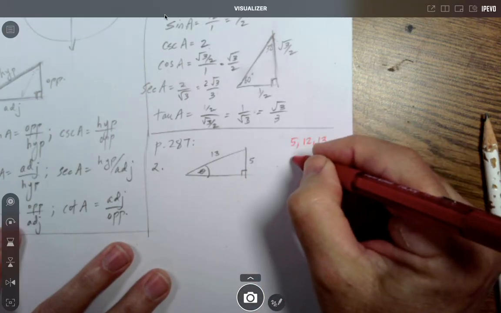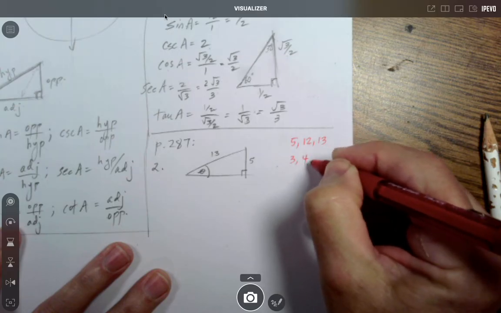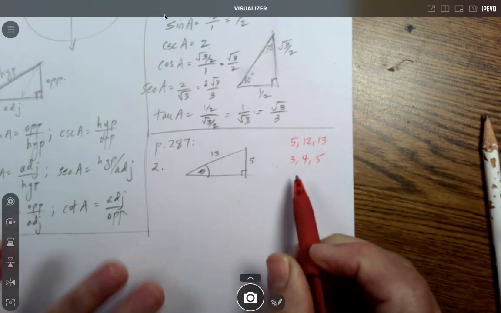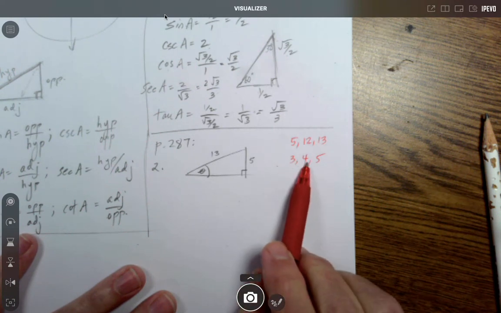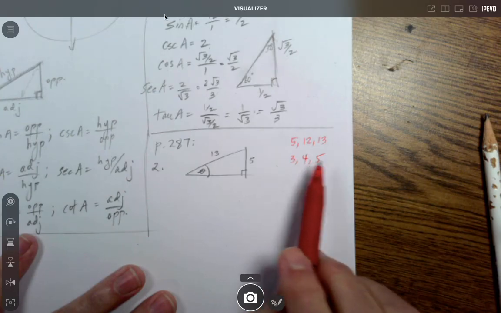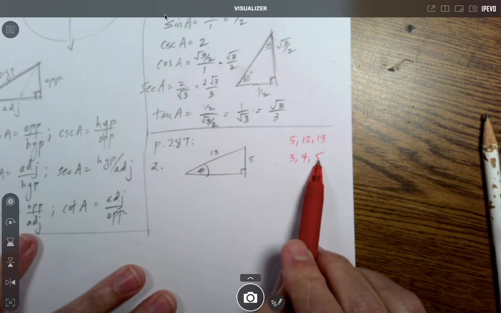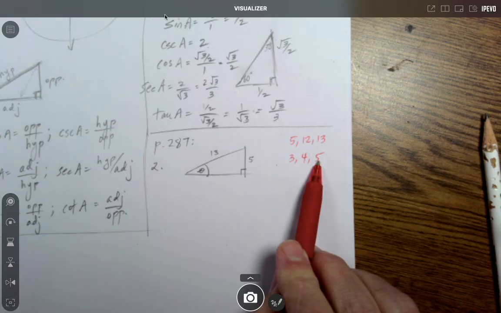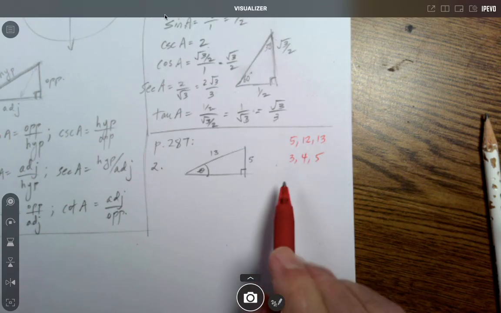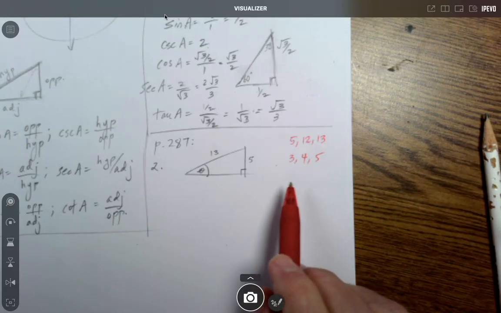All right, another one is the 3, 4, 5 right triangle. Same thing, if you square 3, you get 9. If you square 4, you get 16. 9 plus 16 is 25. The square root of 25 is 5. So that's another triple. There's another one that I can't think of right now, but there are about 3 of them that are good to have memorized.